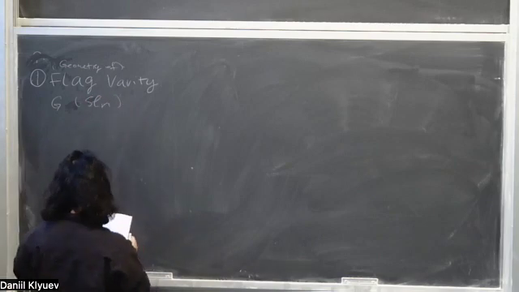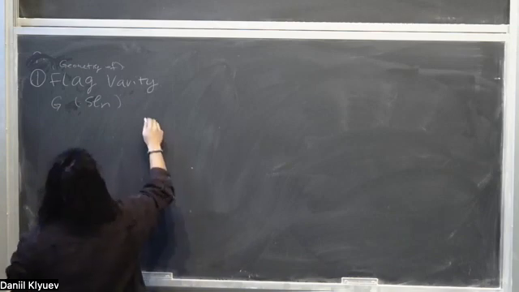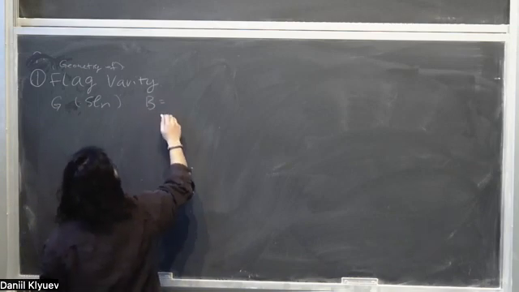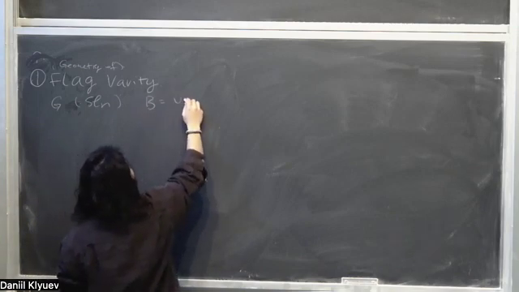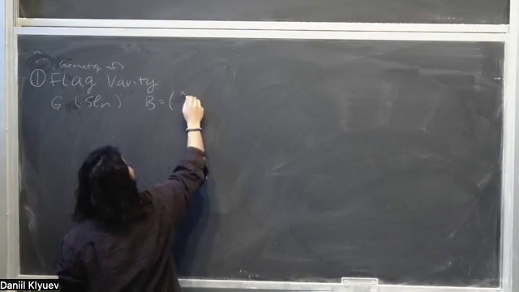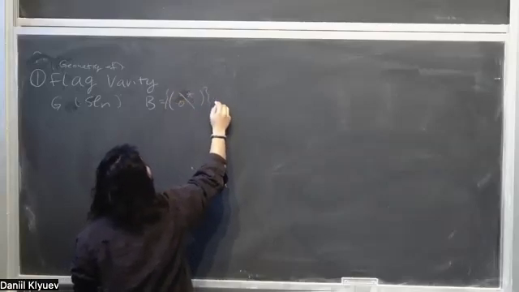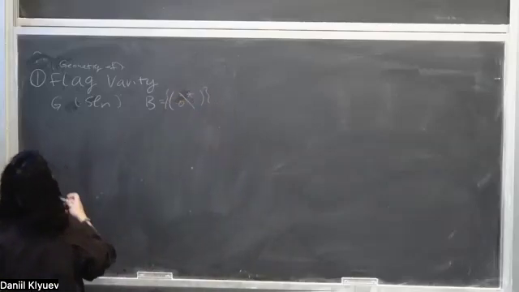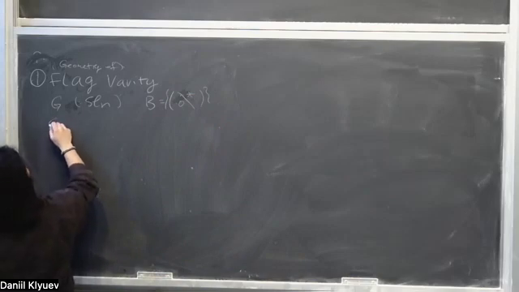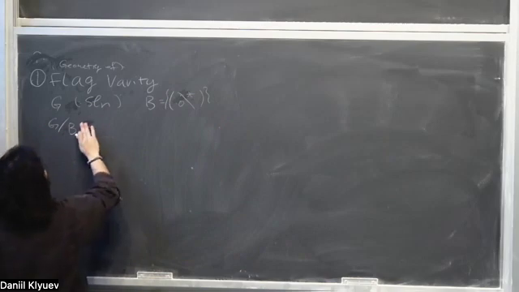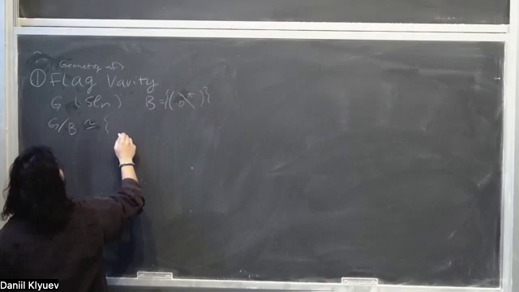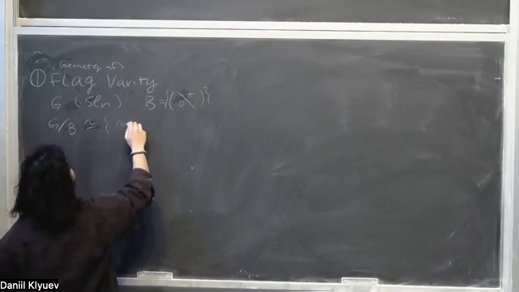Over C, of course. And take the standard Borel, just upper triangulars. Diagonal. Right. Then we have this projective variety, G mod B, which is isomorphic to just complete flags.